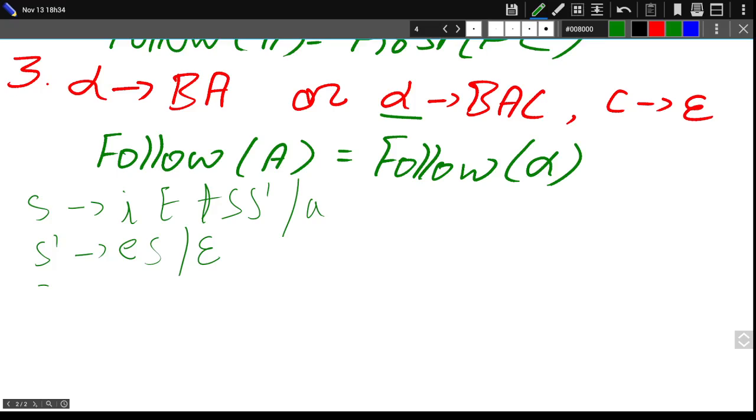Another is E which gives B. I also kept something A here, which gives A as well as epsilon.